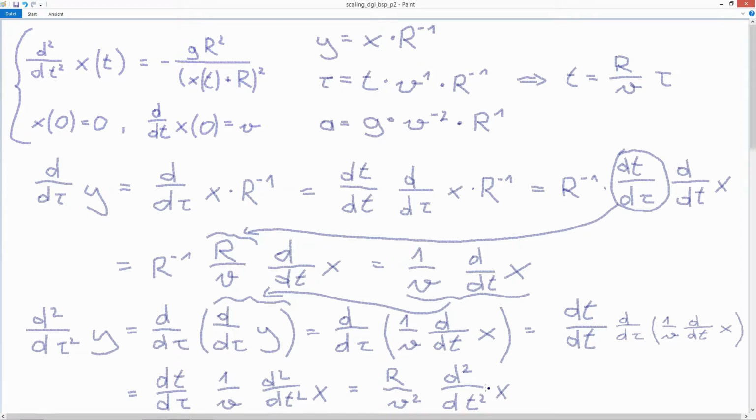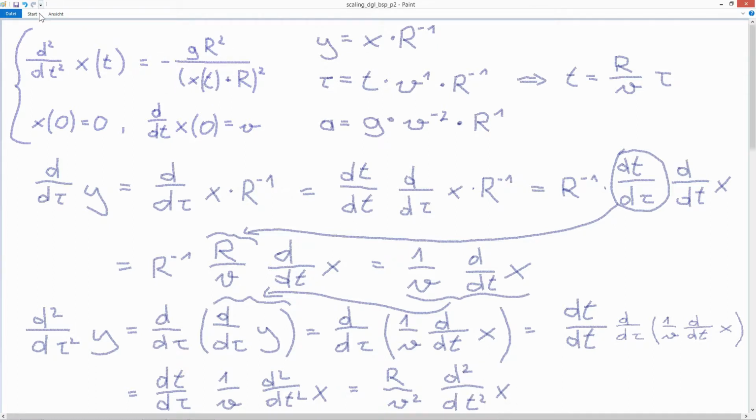Now we take a look at this here, the second derivative of x with respect to t. And now take a look at the differential equation. We already know that the differential equation fulfills this here. So this here is the differential equation. So the second derivative of x with respect to t is equal to this here. So we can insert this here.